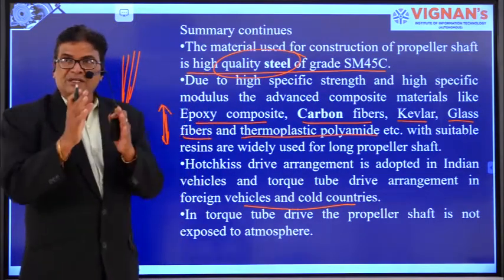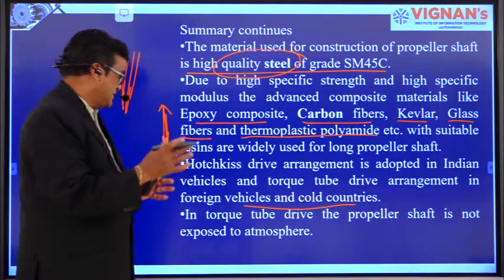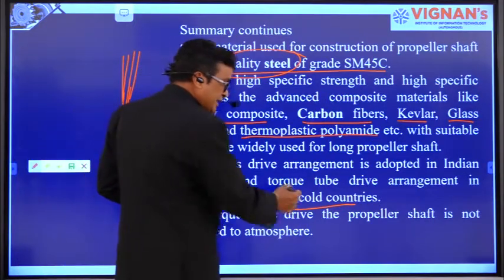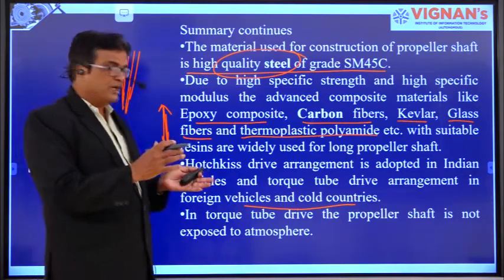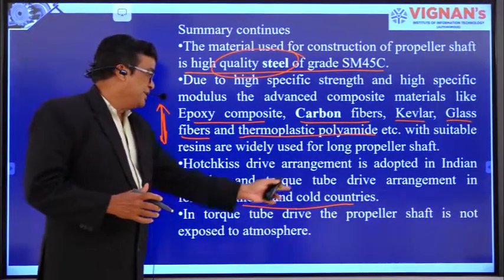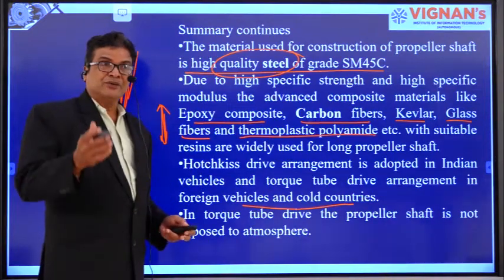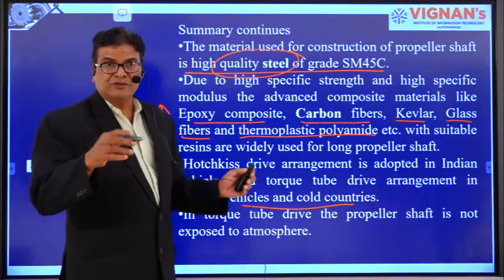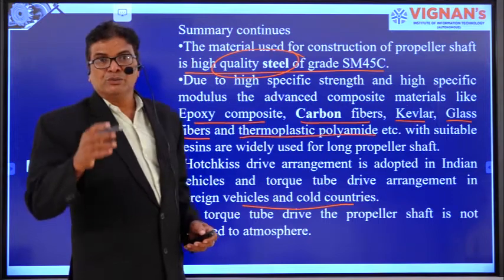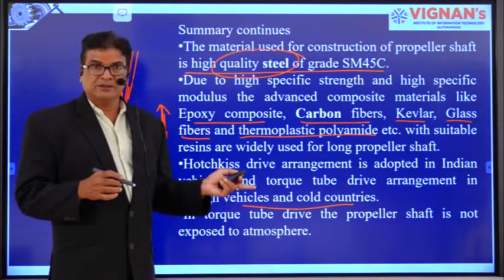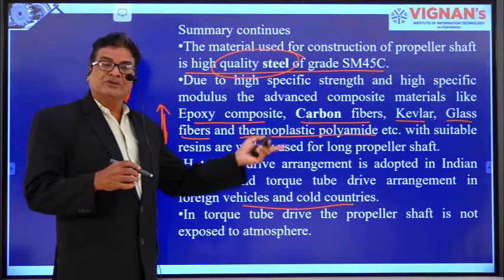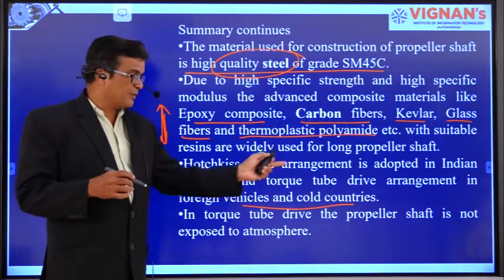This damage can be minimized by not exposing the propeller shaft, by providing a torque tube arrangement. That's why for the torque tube arrangement, we use a torque tube made of non-metal, such as PVC, for the concealment of this propeller shaft.